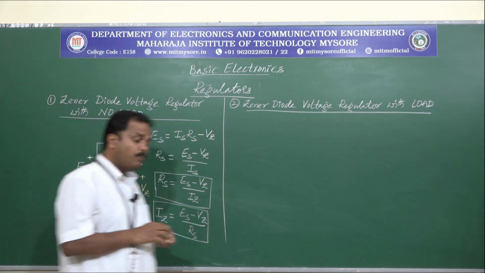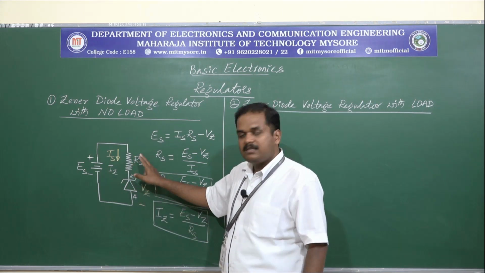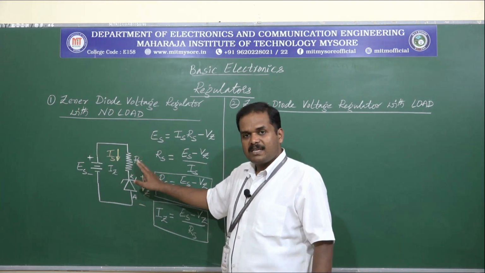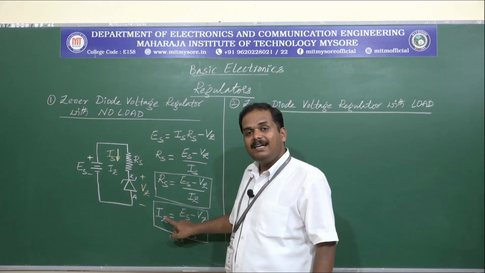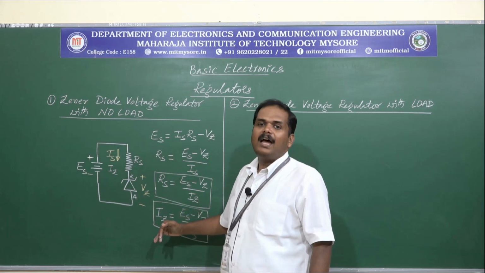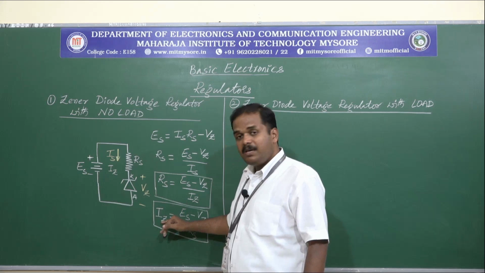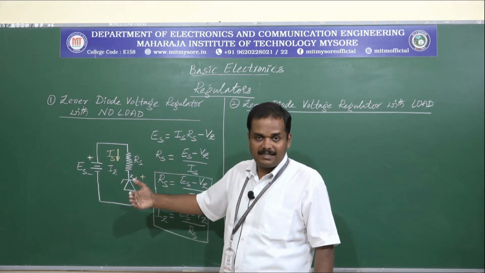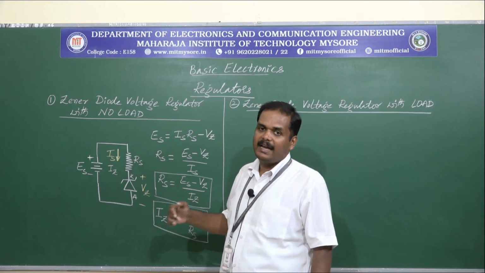Now, the point to be noted here is the series resistance Rs should be selected in such a way that the current Iz will not go lesser than Izk, that is minimum Zener current, and at the same time will not be higher than the maximum Zener current Izm.